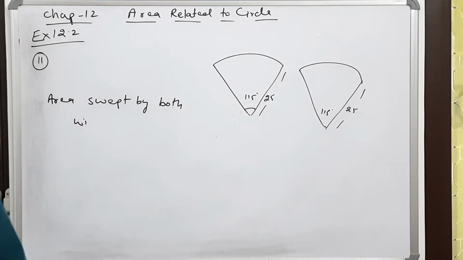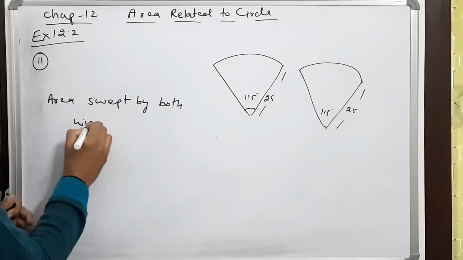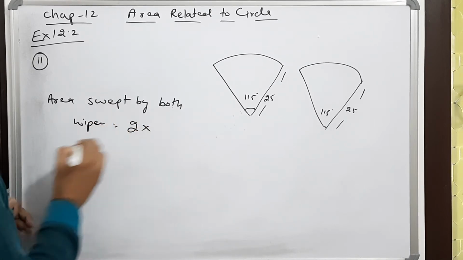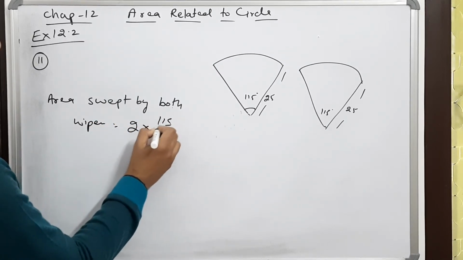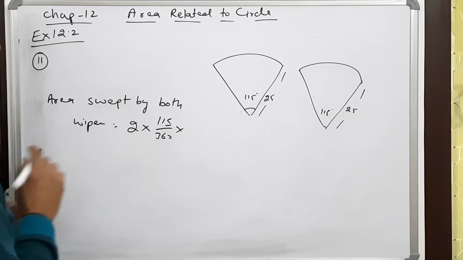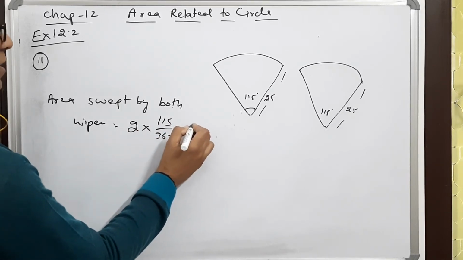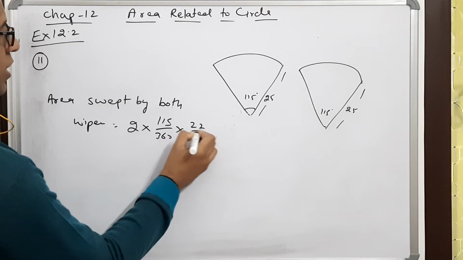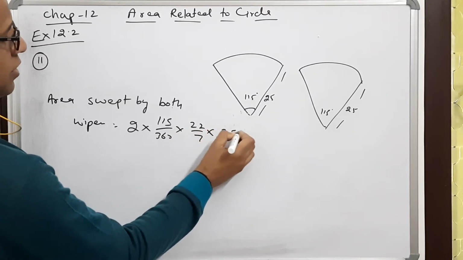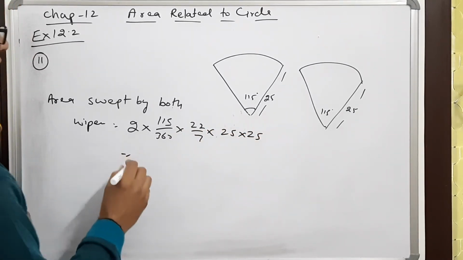You see, it is very important now. For both the wipers, the area is 2 into 115/360 pi r square. So pi is 22/7 and r square is 25 into 25.